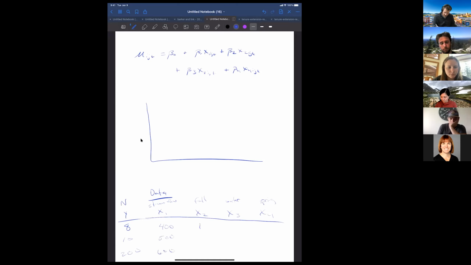The first sample we collected in the fall. So we put a 1 here and then a 0 everywhere else. The second sample we collected in the winter. So we put a 1 under the winter column and a 0 everywhere else. And the last sample we collected in the spring. Let me add one more for the summer. So 300 and then 700. And then these all get zeros for summer.